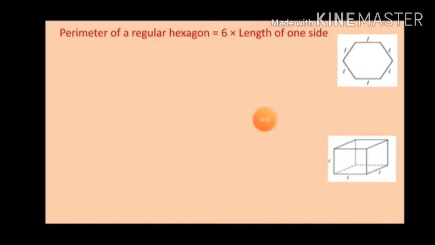We have drawn a 6-sided polygon, and all its sides we have represented using a small letter L. Now see here, the perimeter of this regular hexagon will be given by multiplying the length of one side with 6. Okay, so 6 into L we will do, as each of its sides is represented using the variable L. So we will get 6L.